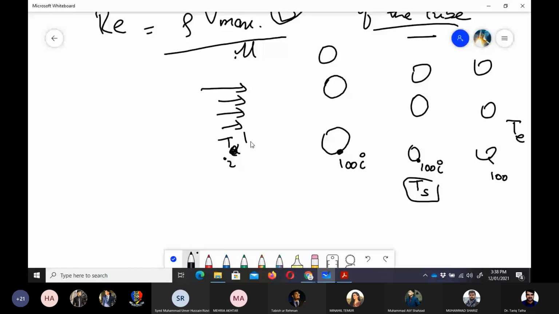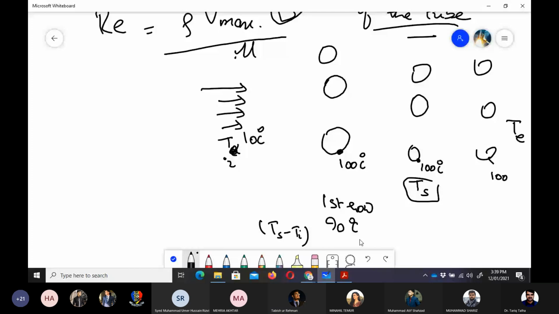At the first row, what is the temperature difference which is available for the heat transfer? Anyone? 90 degrees, right? So at the first row we would have the maximum temperature difference and maximum heat transfer, because Ts minus Ti would be 90 degrees. Is it understood to everyone? I hope this point is clear.